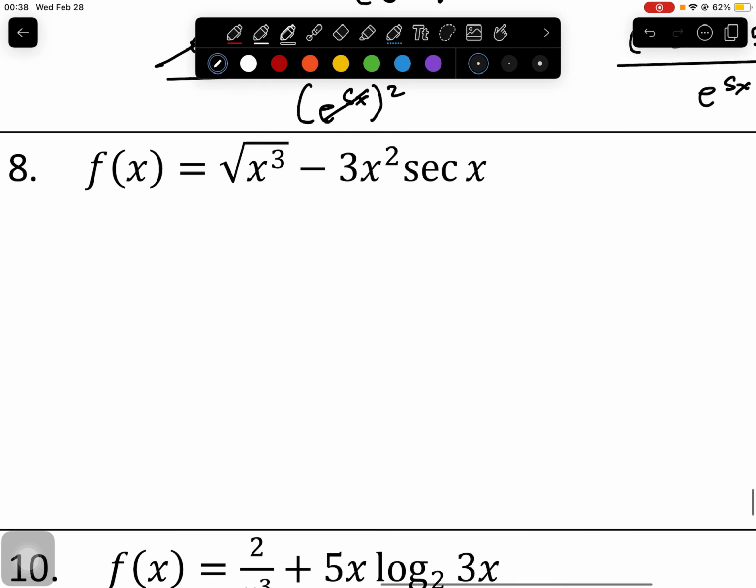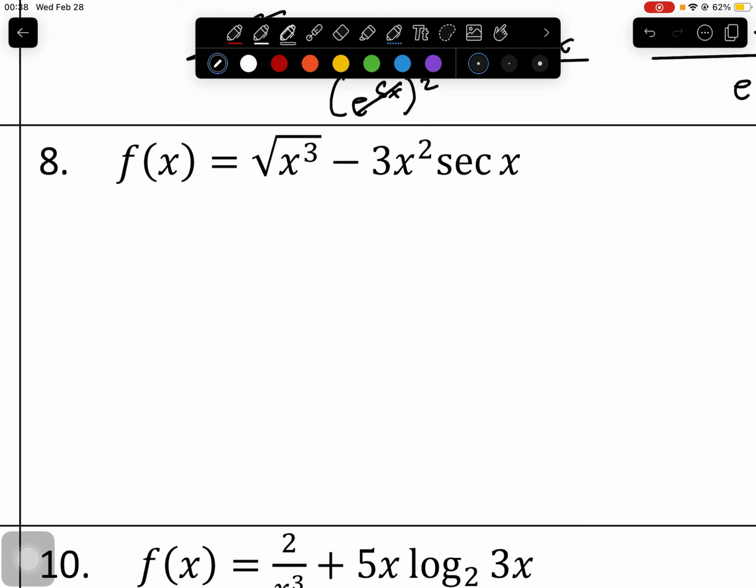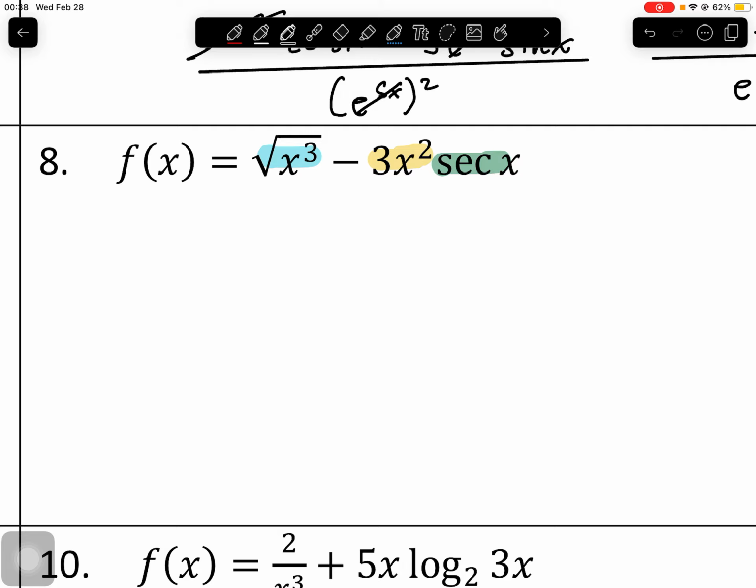Number 8. So here, there's 2 parts to this. Here, I'll highlight it to show you. This part, the one that I'm highlighting, that's where we're going to do the product rule. And this portion's just going to be our normal derivative. So, let's do that.